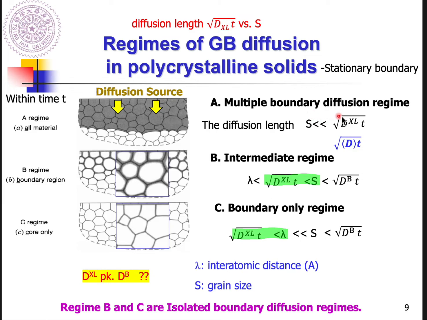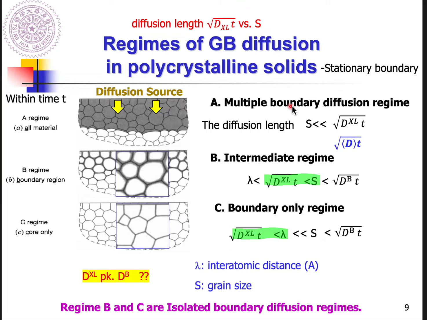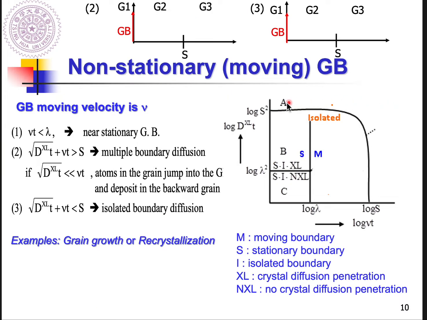When you square this equation, you get S squared smaller than D_XL t. This is the region here, where D_XL t is much larger than S squared. So this region is definitely the multiple boundary diffusion region, right?